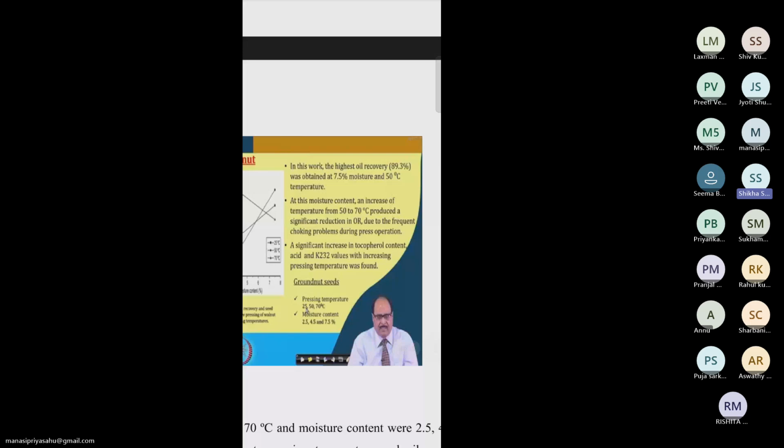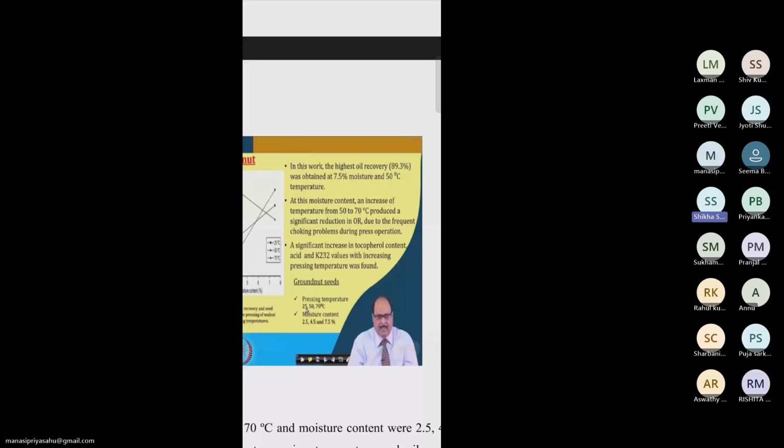A significant increase in tocopherol content and K232 value. So it is basically talking about the reaction constant value. I will recheck this also, the K232 value, but I think this is talking about the rate constant value, that it is increasing with the increase in the temperature.